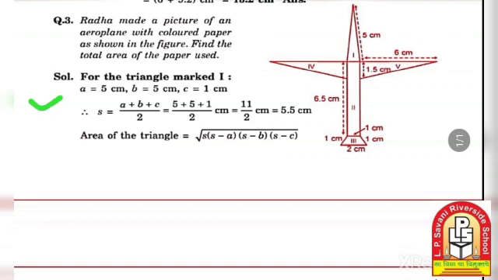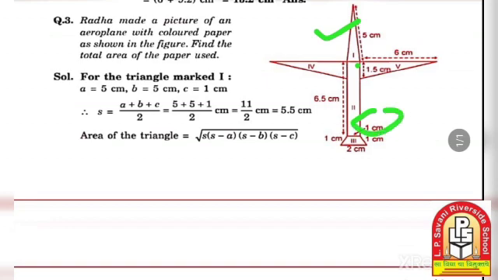First of all, for the triangle, mark 1, so here the first triangle is known as mark 1. Here a is equal to 5 centimeter, b is equal to 5 centimeter, because the other side is also 5 centimeter, and c is equal to 1 centimeter, which is given in the question.